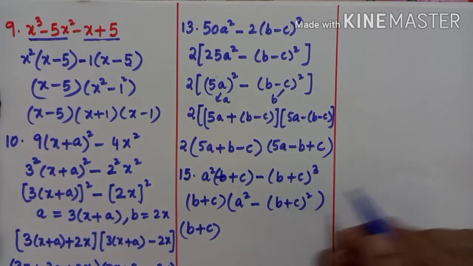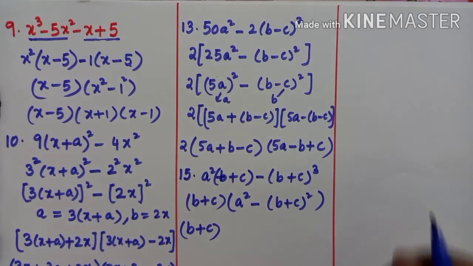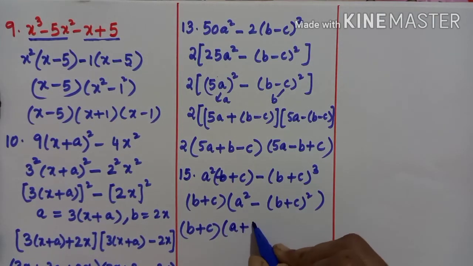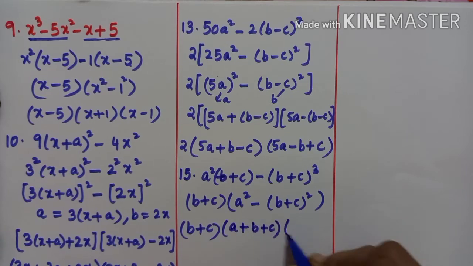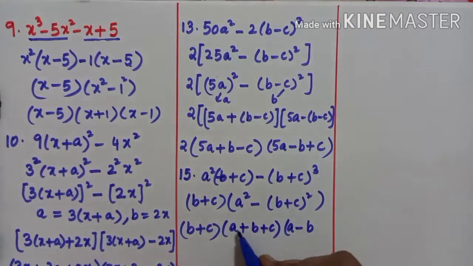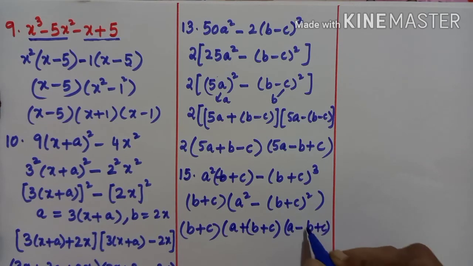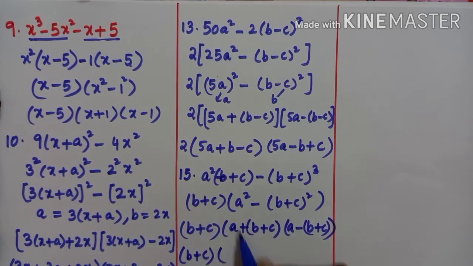So a square minus b square identity, expansion is what? A plus b into a minus b. So here you see a plus this b, then a minus this b. Now let us open the brackets, a plus b plus c.